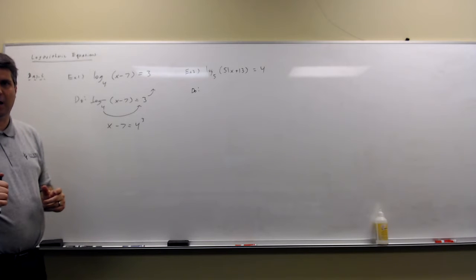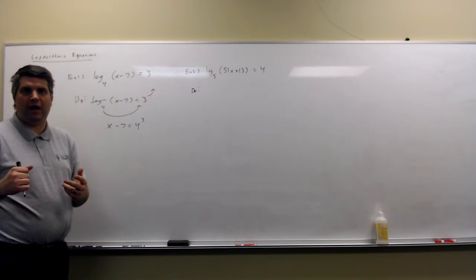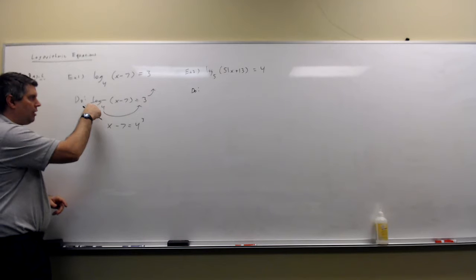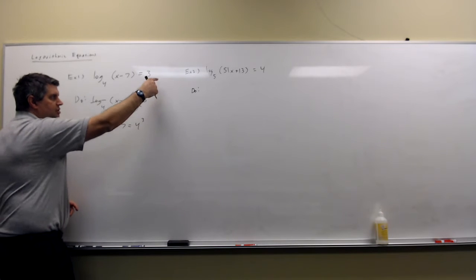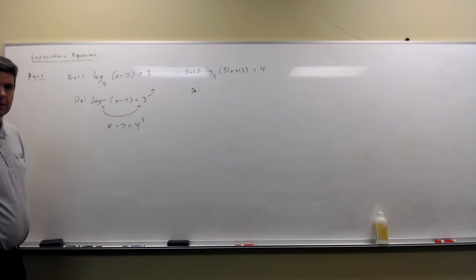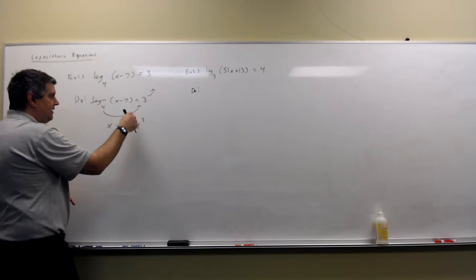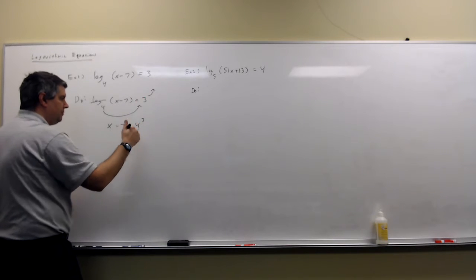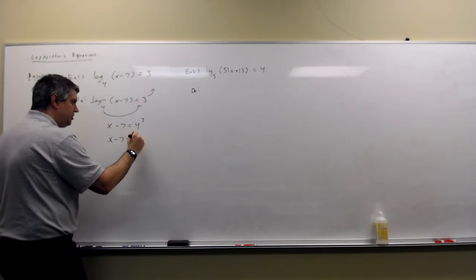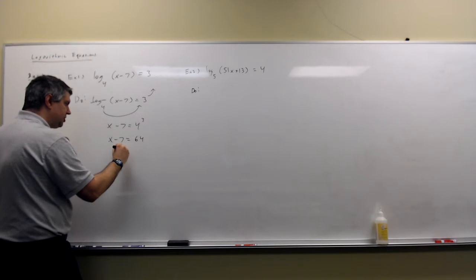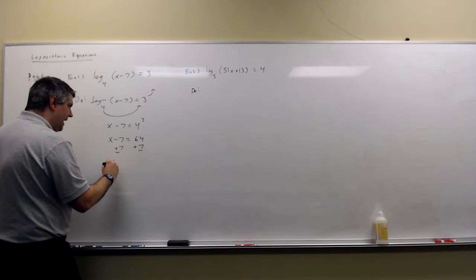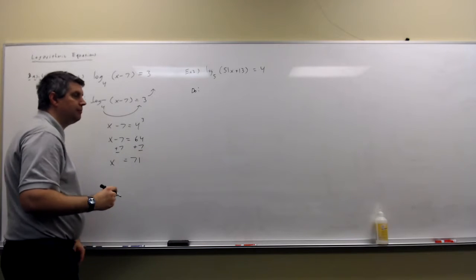Mathematically speaking, that's not what's happening, but hopefully it'll help you remember. So, having done that, we have x minus 7 equals 4 cubed, which is 64. Add your 7, and x equals 71.